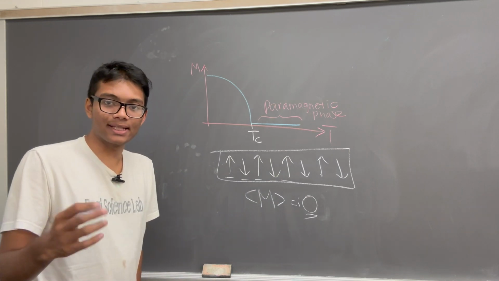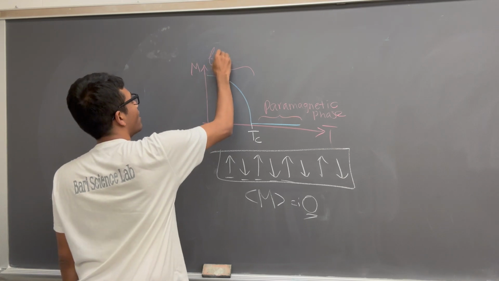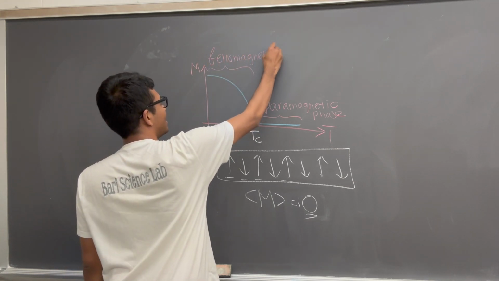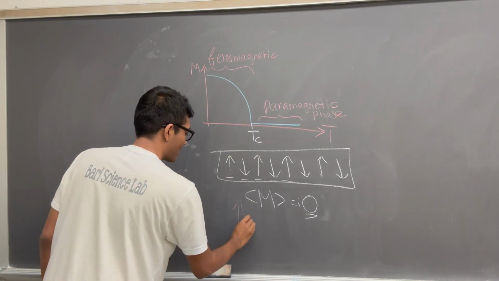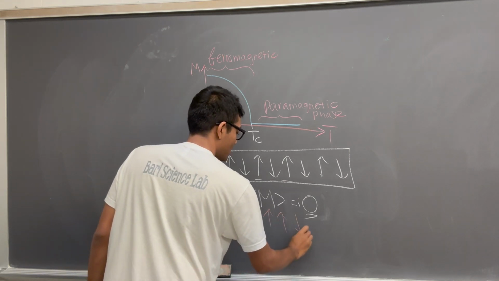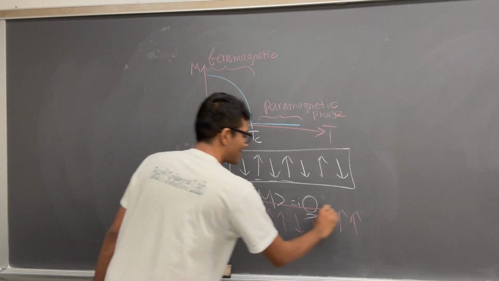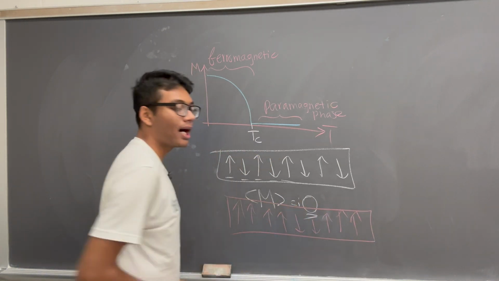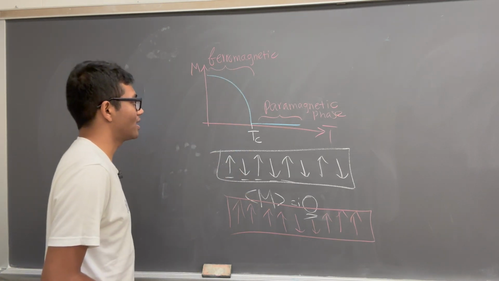Thermal fluctuations kill any spin direction. Below the paramagnetic phase, we have the ferromagnetic phase. And in the ferromagnetic phase, there is a preferred spin direction, okay? So for example, all of the atoms or some of the atoms might want to point up while others point down, but nevertheless, there will be a net magnetic moment where more of the atoms are pointing up than down, or vice versa. And so that is the ferromagnetic case right here.